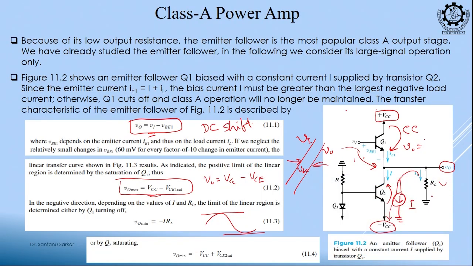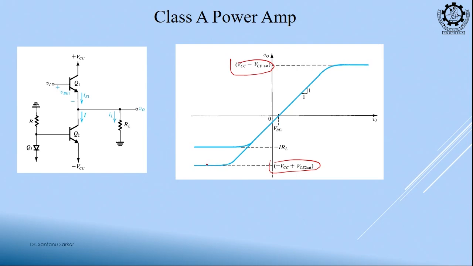Another way of defining this is that suppose all the current I is flowing through this RL. So, this V0 can be minus I into RL. So, this is the lowest point, and at this point the transistor is in saturation.